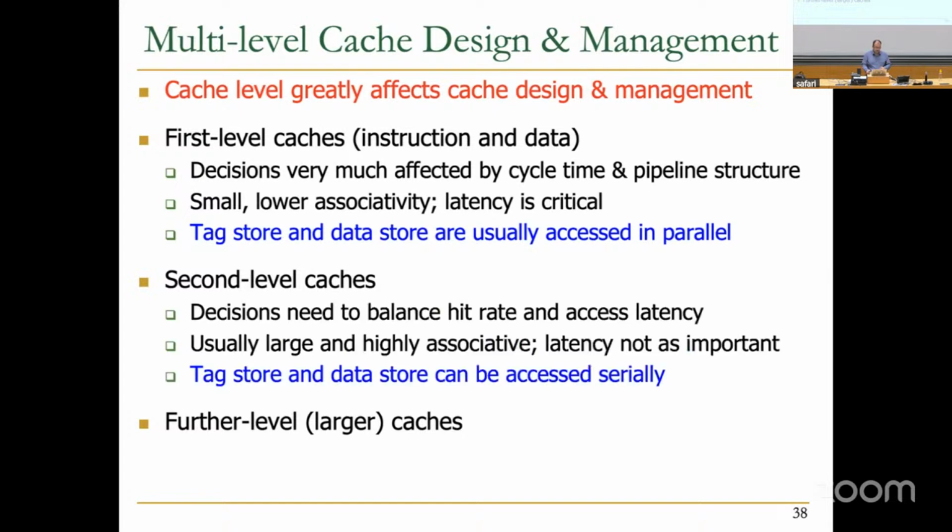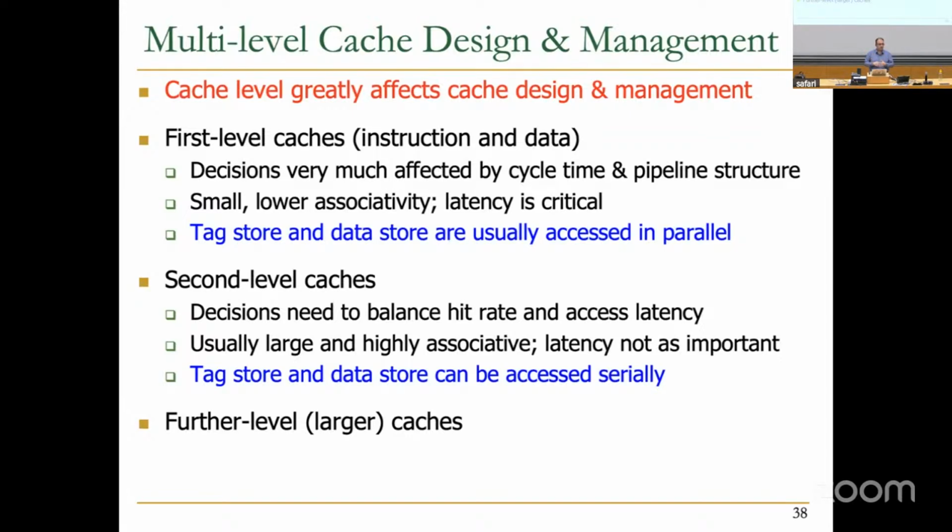However, for second level caches, we have a different trade-off here. Decisions need to balance hit rate and access latency for second level caches. So they usually have large and highly associative caches because latency is not as important as in L1. And tag store and data store can be accessed serially, which is important especially here because your data store is quite big. It's a large array, several megabytes. So you access your tag array. If it's a miss, basically you don't access your data array at all.